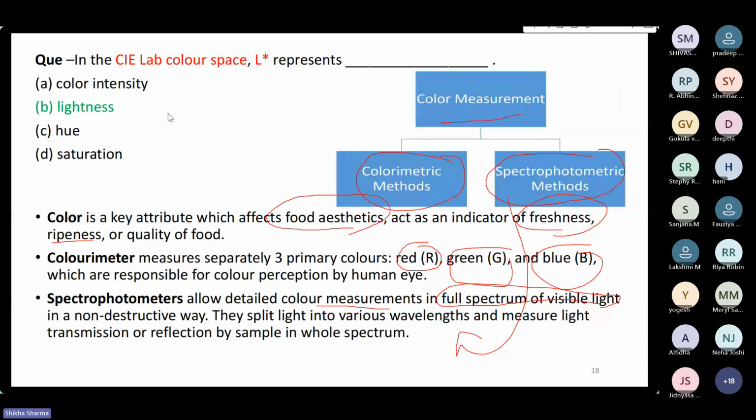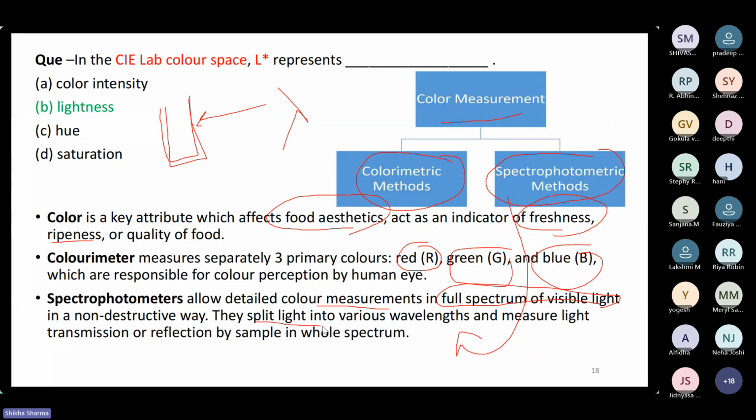The sample will be put in quartz glass in the spectrophotometer, and it will be detected in the whole visible region wavelength.